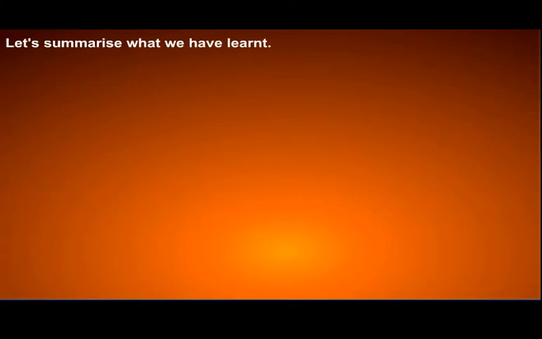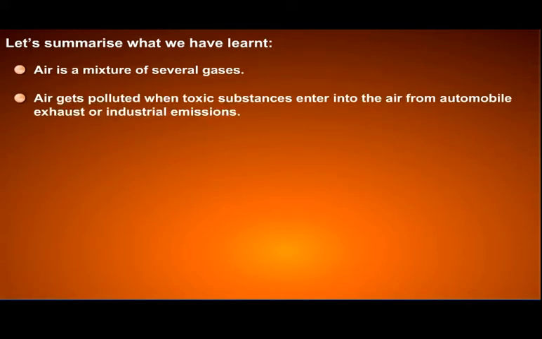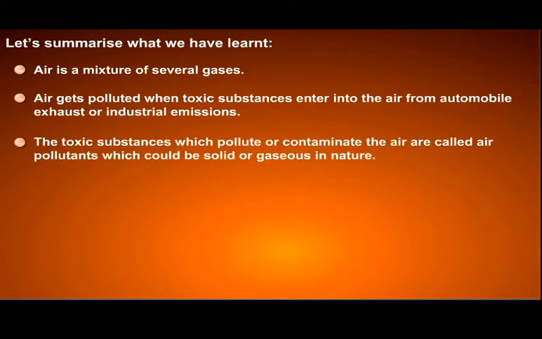Let's summarize what we've learned. Air is a mixture of several gases. Air gets polluted when toxic substances enter into the air from automobile exhaust or industrial emissions. The toxic substances which pollute or contaminate the air are called air pollutants, which could be solid or gaseous in nature.